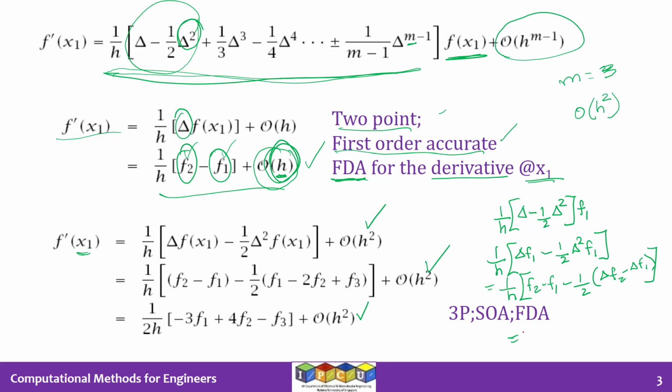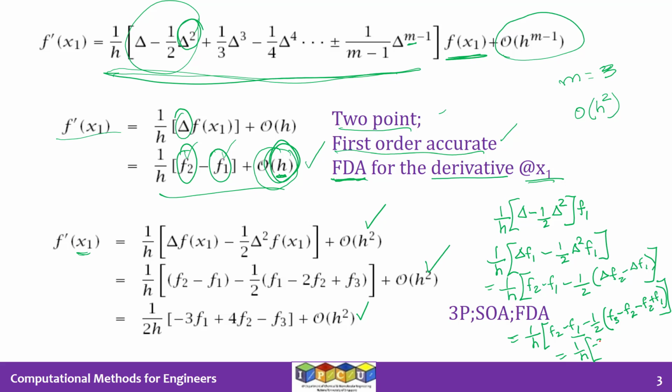So this is going to be equal to 1 by h, f2 minus f1 minus half, delta of f2 is f3 minus f2, minus delta of f1 is going to be f2 minus f1. So minus f2 plus f1, because minus of minus will become plus. So it is going to be 1 by h, and then what you see here is minus f1 minus half f1.